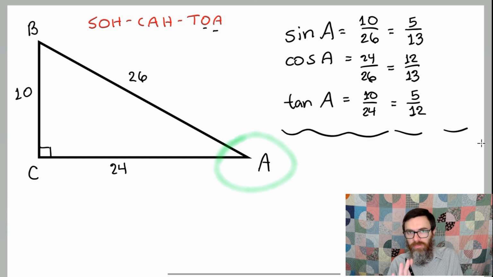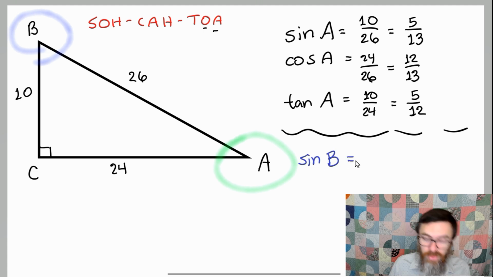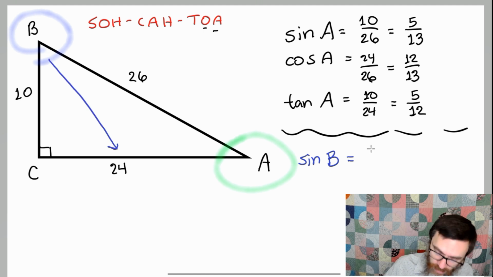All right, so let's leave that there for just a second, and let's change our focus to angle B now. If I were to do the sine of B, sine is still going to be opposite over hypotenuse, yet from this perspective, the opposite side is going to be 24.